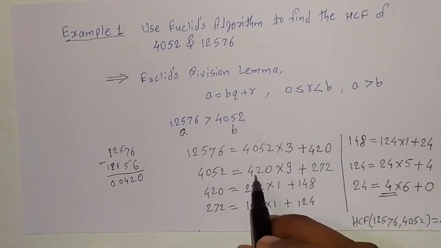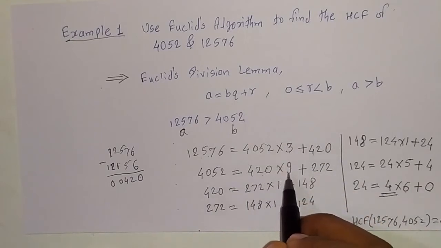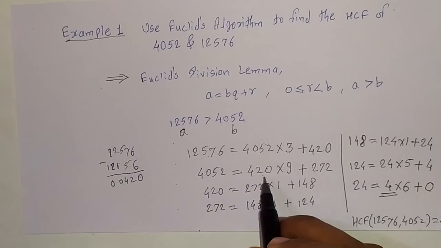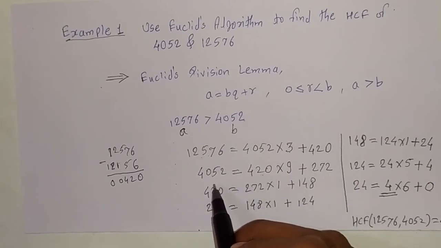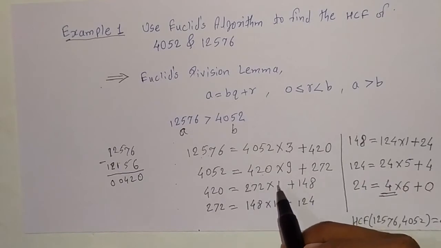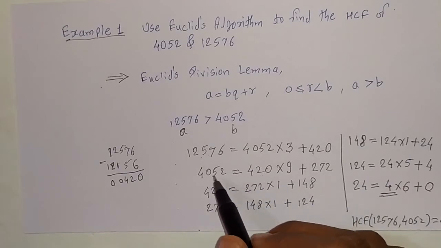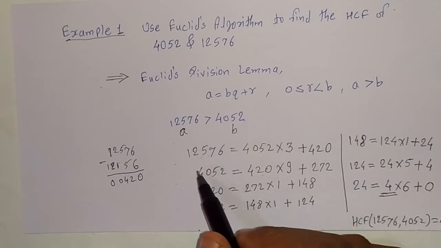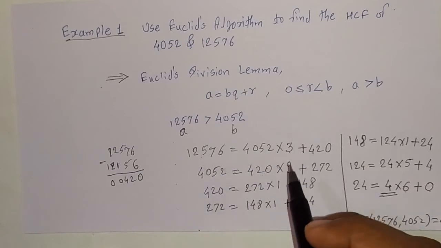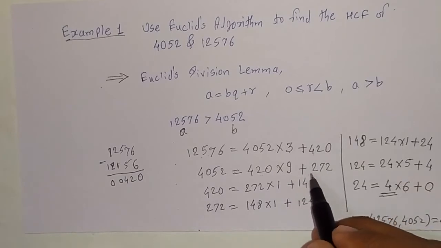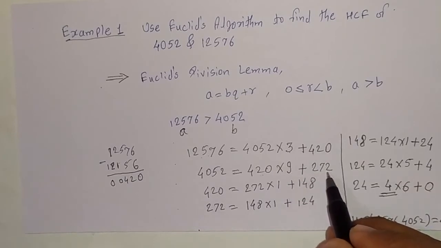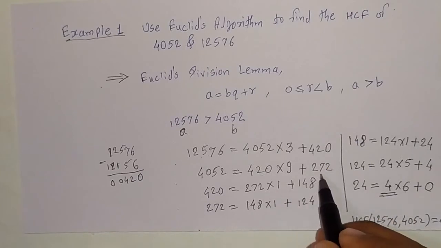So if you multiply this divisor by 9 into 400, you will get approximately 3,600, so that will be close to our required number. So we have taken quotient as 9. So the remainder will be 272. Still remainder is not 0.